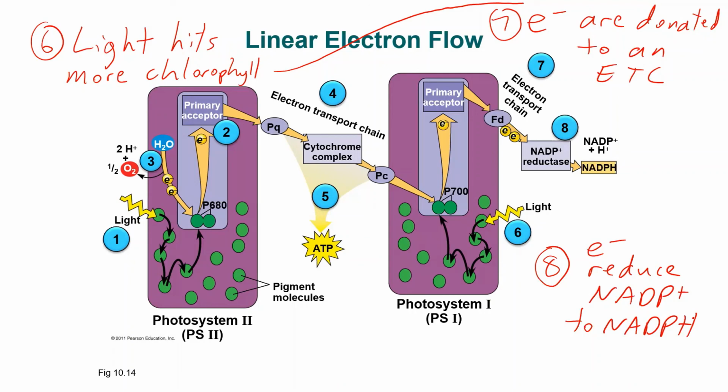So I know there's a lot of steps here, but I just kind of wanted to break it down a little bit and show you what is going on here, because there's a lot of familiar concepts. We have electron transport chains, we have electron carriers, we have redox reactions and those kind of things that are very similar to what we've seen in respiration.